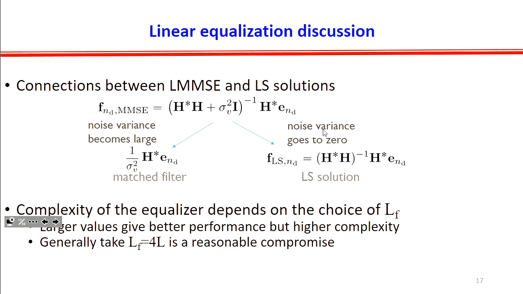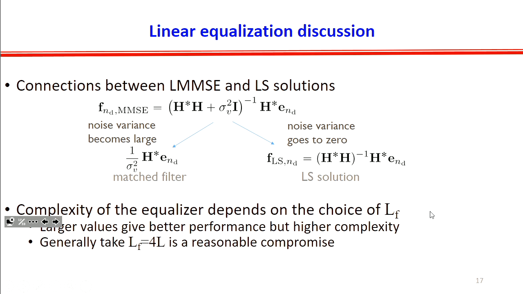So the noise floor is so low that we don't have to worry about the hardware introduced noise for implementation. So okay, just remember that the MMSE is going to be a matched filter when the noise variance is high. When the noise variance is 0, it approaches the least square solution.